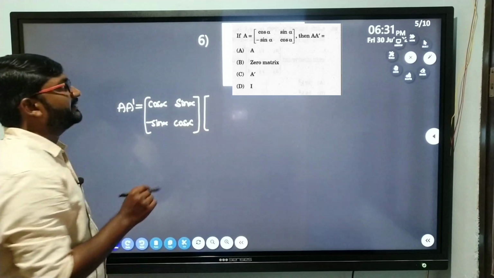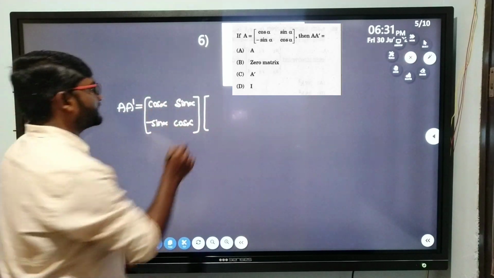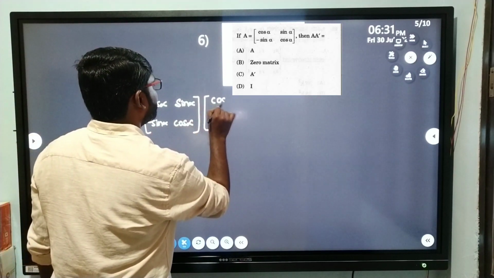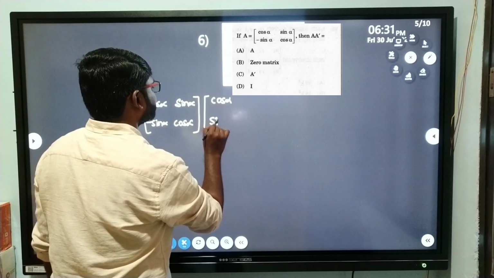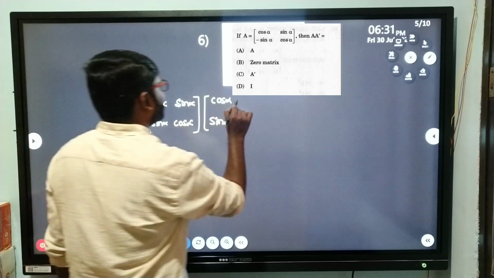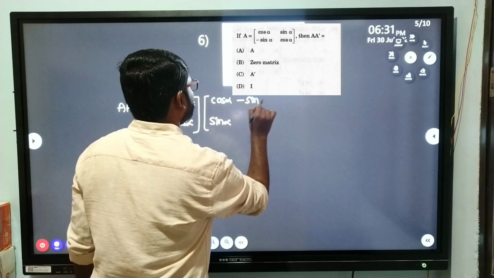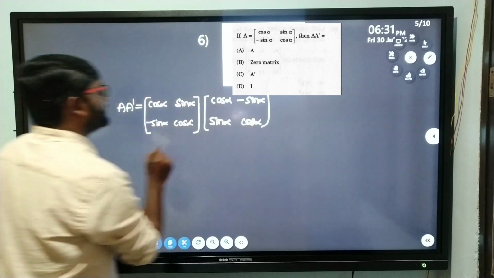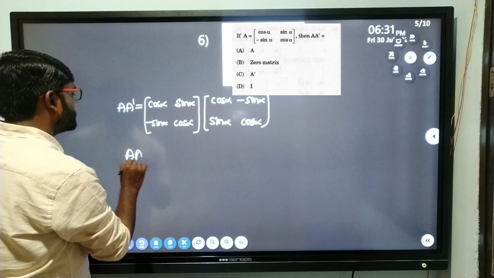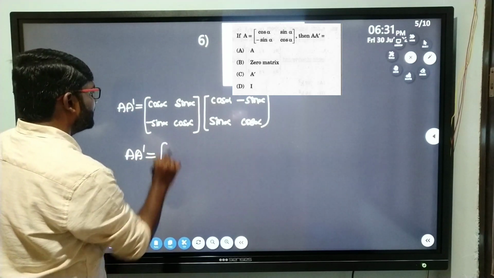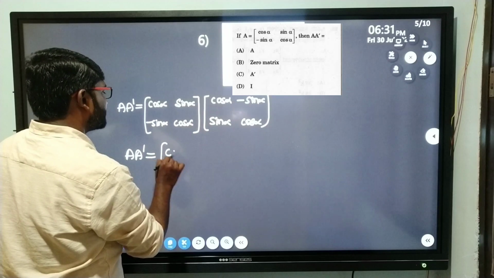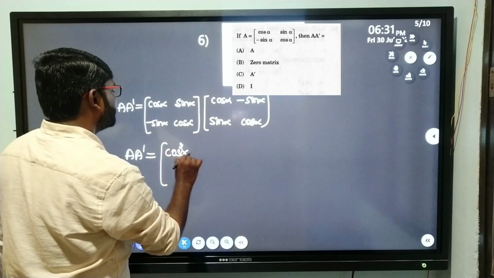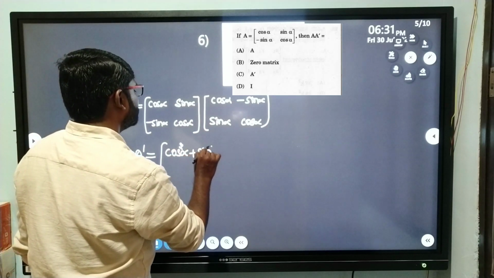Here A dash means we have to write the first row as the first column: cos alpha, sin alpha. Then the second row is the second column: minus sin alpha, cos alpha. Then multiply these two matrices now. The first entry is cos square alpha plus sin square alpha.